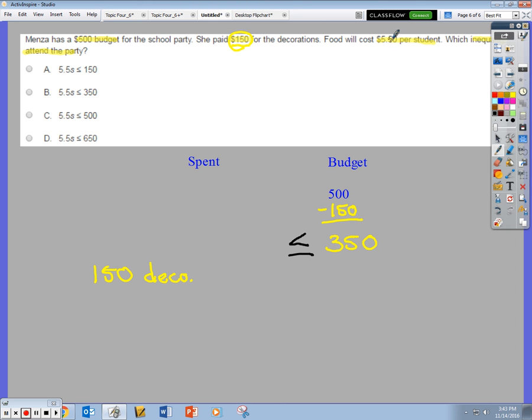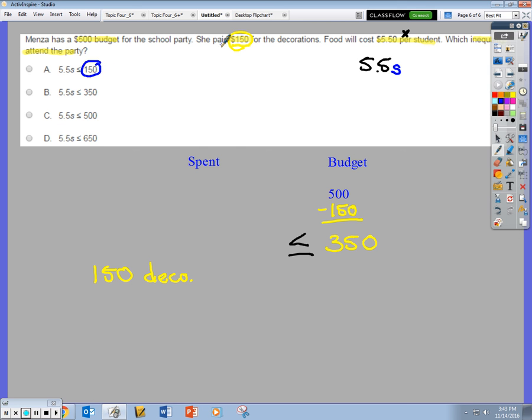But now we're spending $5.50 per, and I think about per being multiplied, per student. And in this case, student is S. So we have $5.50 per student times a student must be less than or equal to $150.